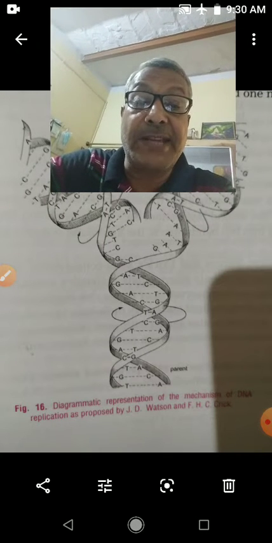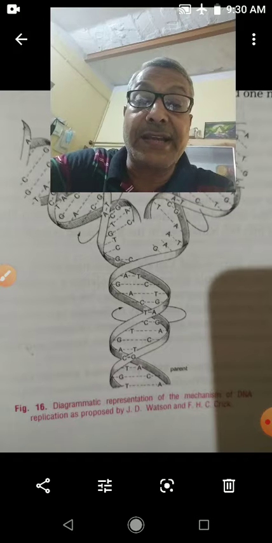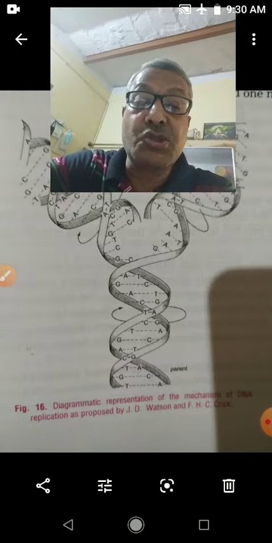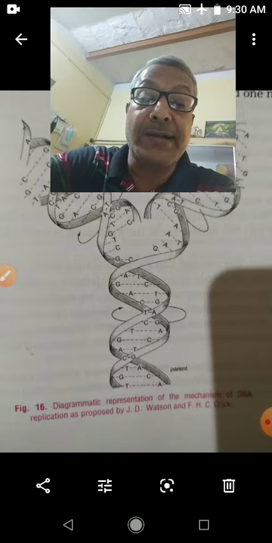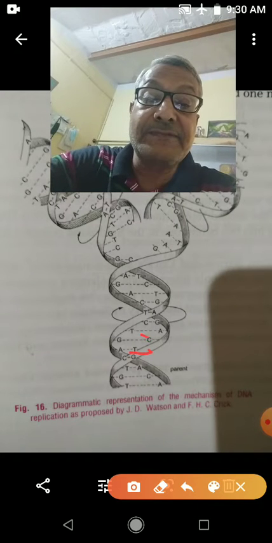There are the bases cytosine, guanine, thymine, adenine. These base pairs are joined by hydrogen bonds.